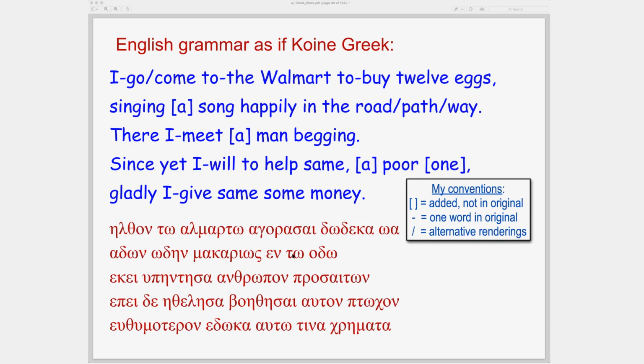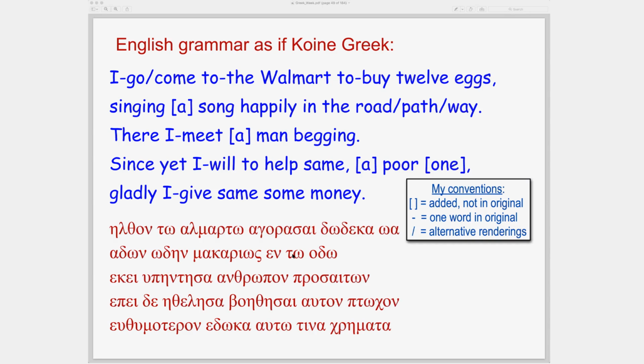I go or come to the Walmart to buy 12 eggs, singing song happily in the road or path or way. There I meet a man begging, since yet I will to help same a poor one. Gladly I give same some money.